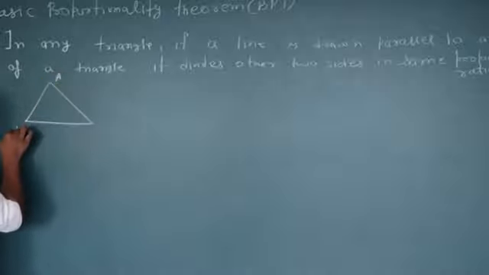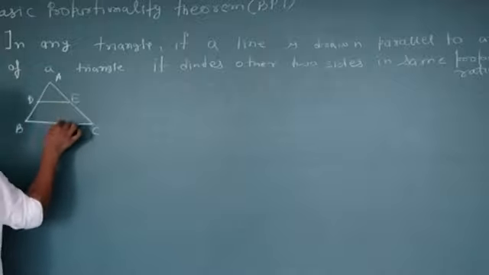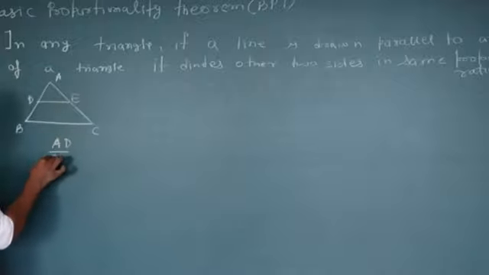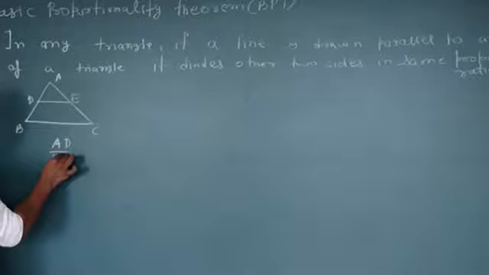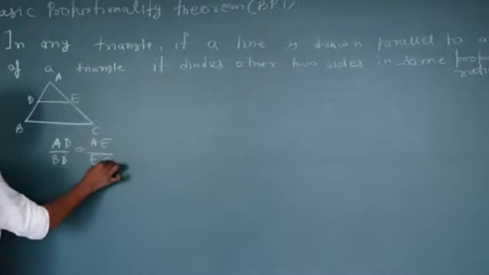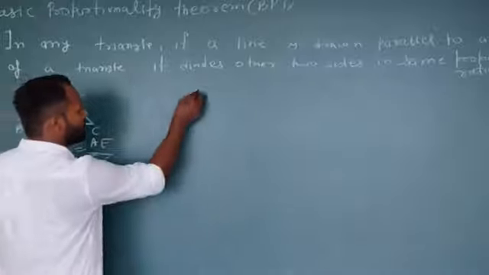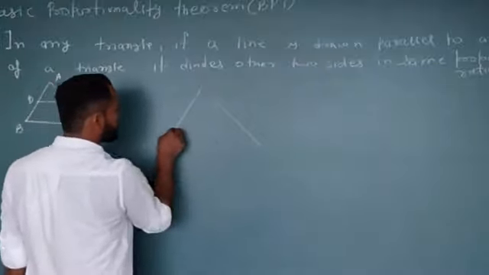Suppose you have a triangle ABC. If you draw a line DE parallel to BC, then we can write AD upon BD is equal to AE upon EC. According to this theorem, since DE is parallel to BC, you can write AD upon BD equals AE upon EC. Similarly, you can take another example.